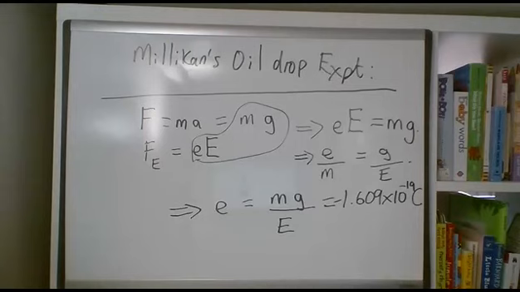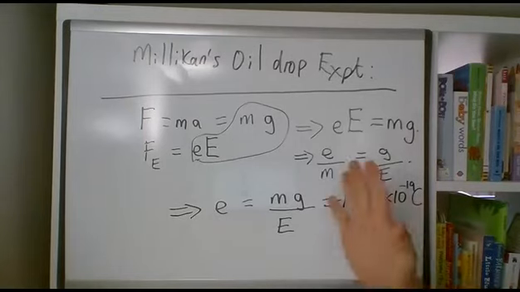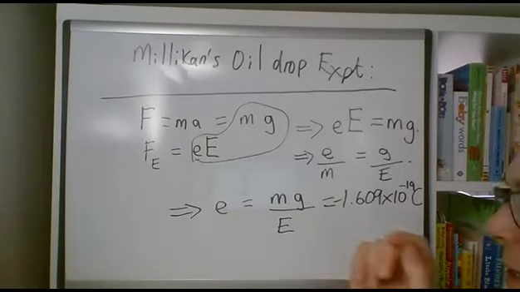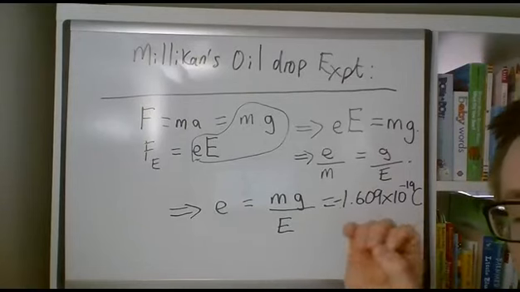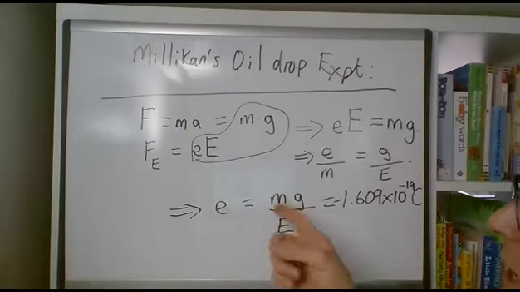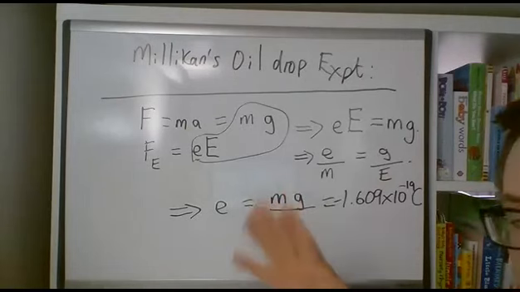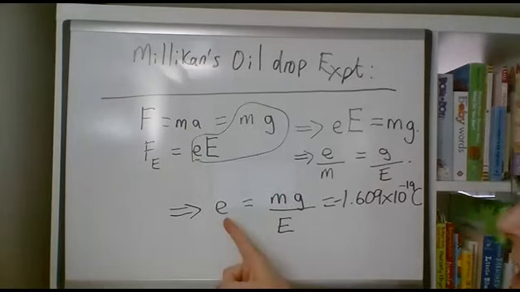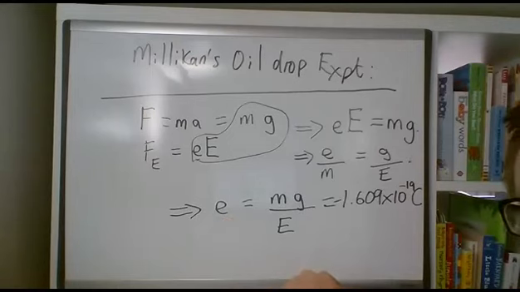Okay. So Thompson had an equation and a numerical value for the ratio of charge to mass. Millikan around the same time came up with a different experiment that you can have a look at yourself, and he ultimately found the charge on the electron as negative 1.609 by 10 to the negative 19 coulombs.